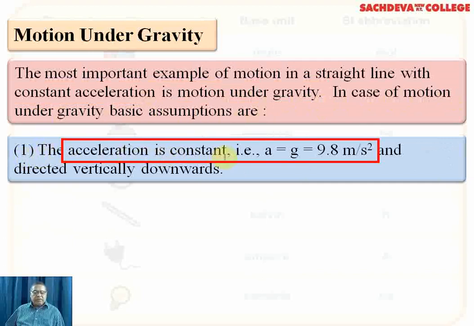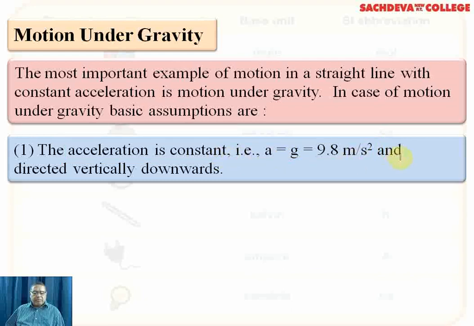That is, the value of g is taken as 9.8 meters per second square. But in any question, if it is not given, then we take it as an approximation, which is found to be 10 meters per second square. Now the acceleration is constant, a is equal to g is equal to 9.8 meters per second square and directed vertically downward.